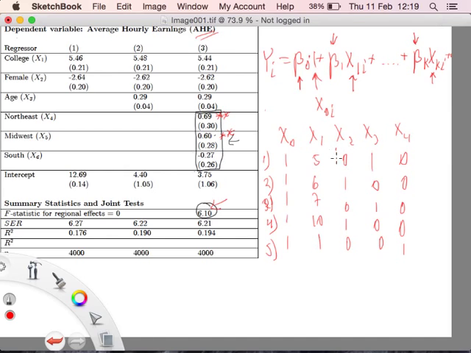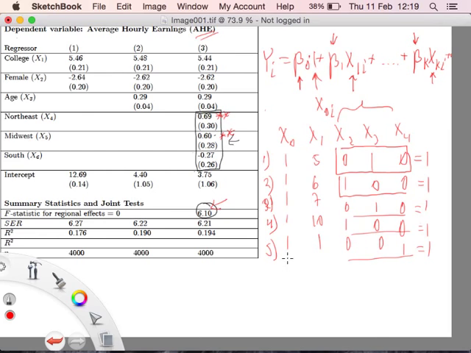Now, if I sum this up, it will be 1. If I sum this category up, 1. So I should get 1 for each one here, right? If I sum all this across variables, 1, right? So that's what you will see if you include all 3 dummies. You get 1, 1, 1. The sum of them will be 1 across variables.